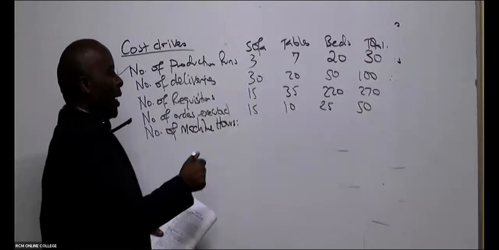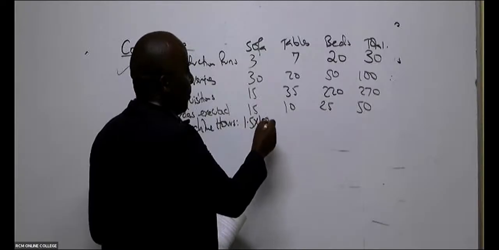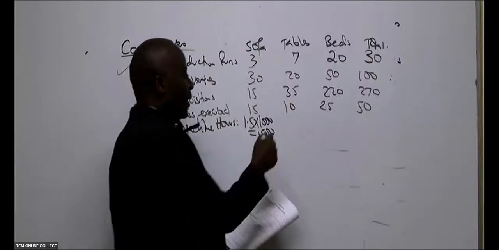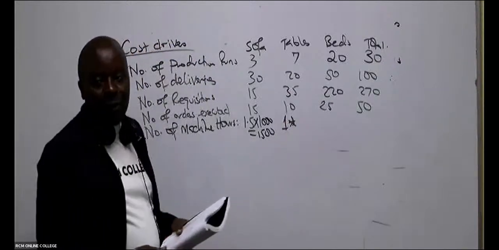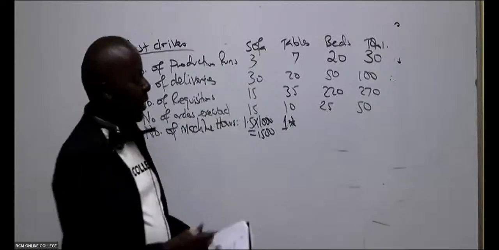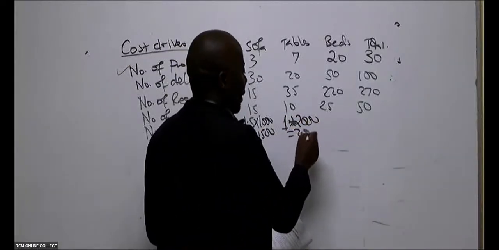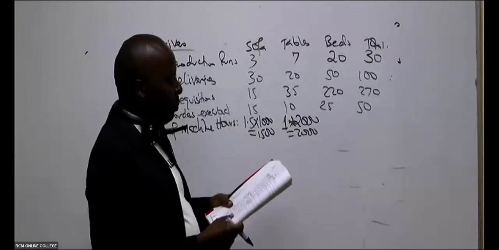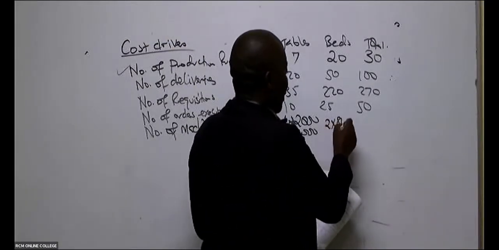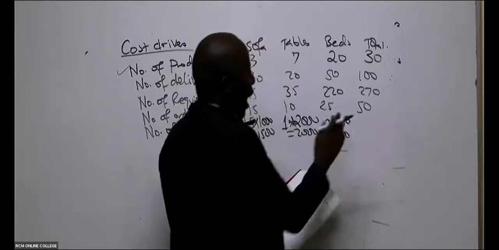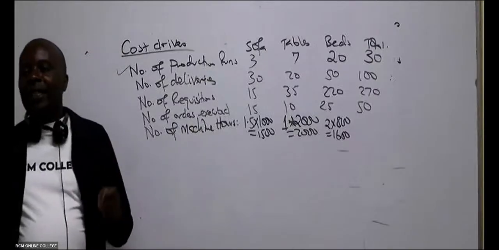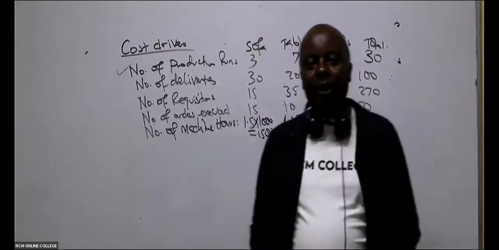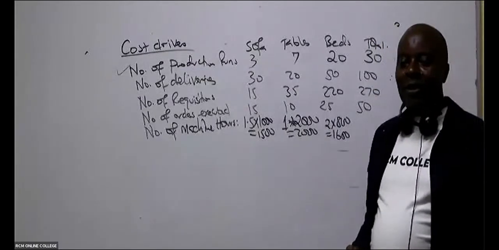But for machine hours, I can see 1.5 per unit for sofas, so times 1,000 gives 1,500. For tables, machine hours per unit is 1, times 2,000 tables, giving 2,000. For beds, machine hours per unit is 2, times the number of beds. Then give me the total. If you confuse that, you get a 0.